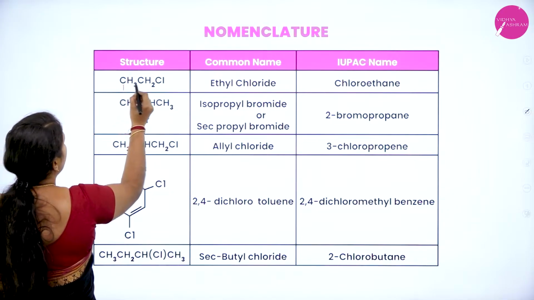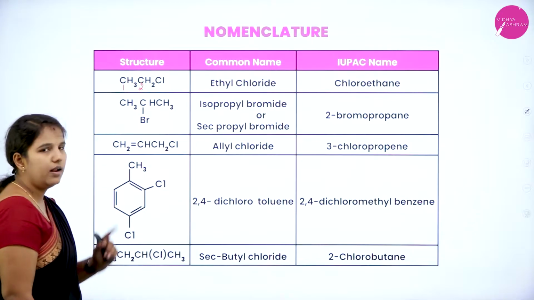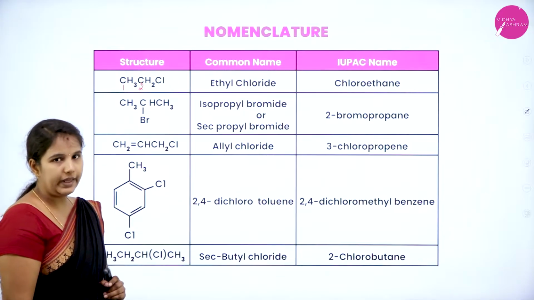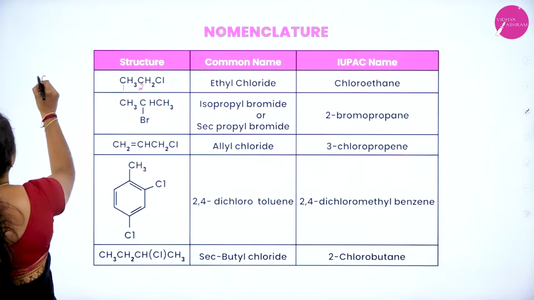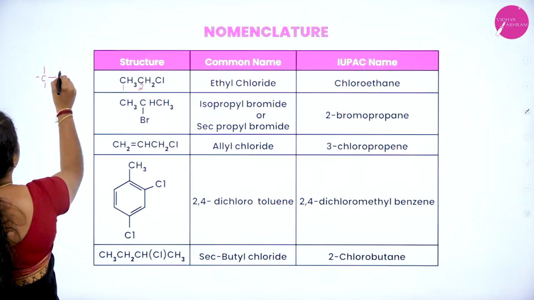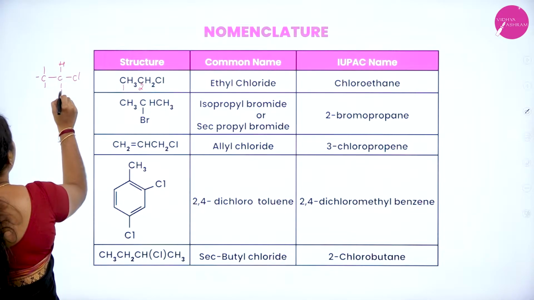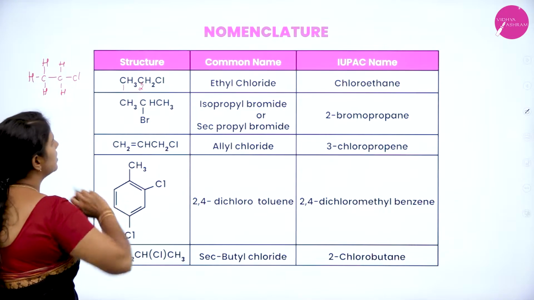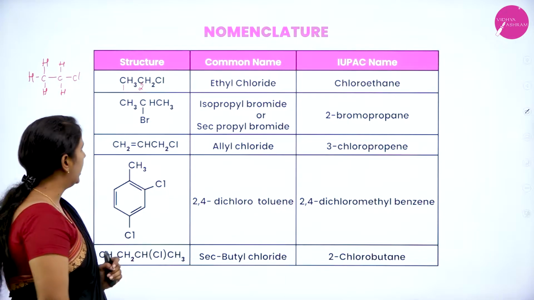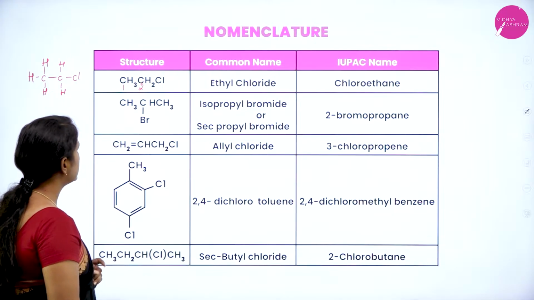Because there are only two carbon atoms, hence it is chloroethane. You can remember this structure like this, with H, H, H. This is chloroethane.